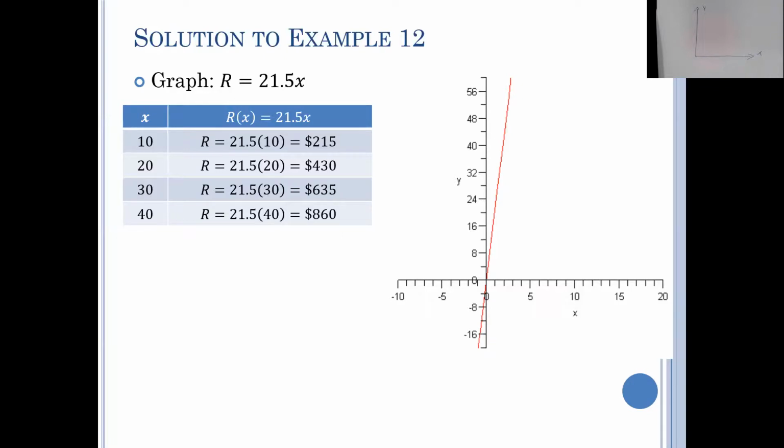I'm going to go by tens with X. And I've got to figure out a good range for the top. Your values range up to almost $860, so let's just label by hundreds, and I might put a mark in between to represent 50s. Let's see if we can get this all squeezed in.